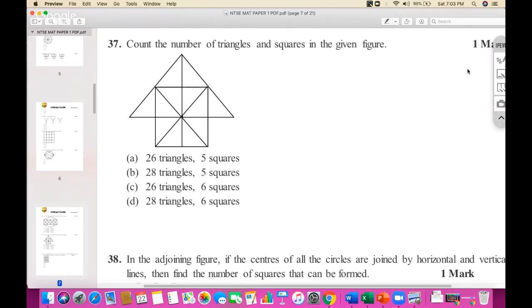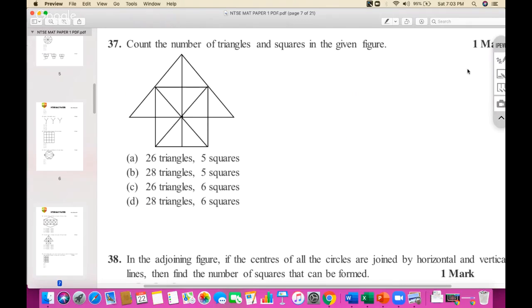Question number 37. Few of you are saying D and few of you are saying C. So let me just check. Question number 37, how many triangles?